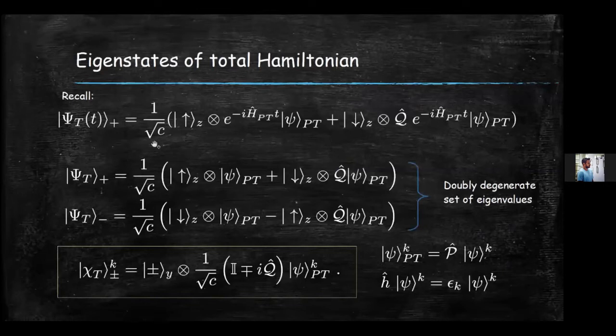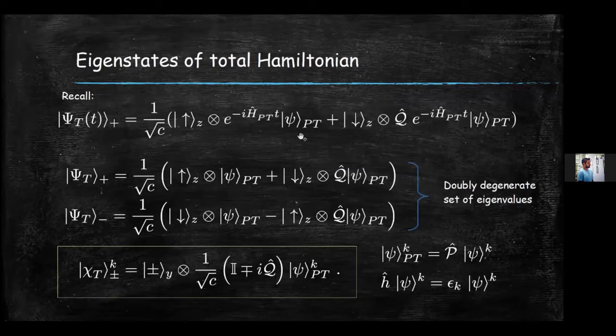Now, recalling that if we evolve such a custom designed state with this complicated total Hamiltonian, we'll end up with such a dynamics where the PT-symmetric part of the Hilbert space would get evolved through this HPT.